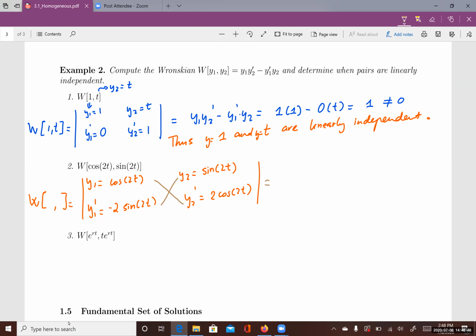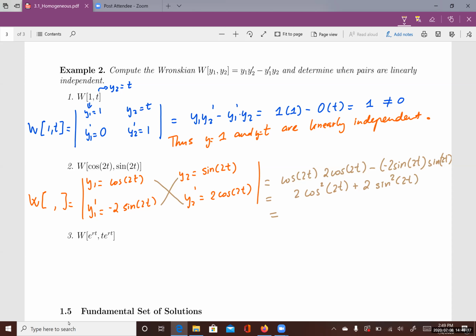Multiply y1 by y2 prime and subtract y1 prime times y2. So this is going to equal cosine of 2t times 2 cosine of 2t, minus negative 2 sine of 2t times sine of 2t. So this is 2 cosine squared of 2t plus 2 sine squared of 2t.